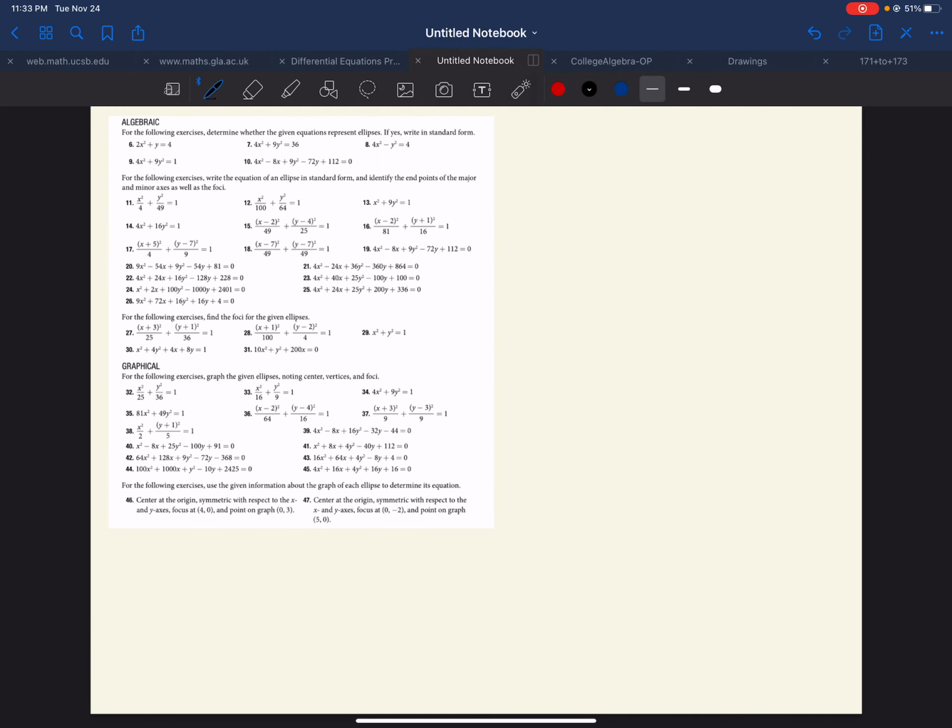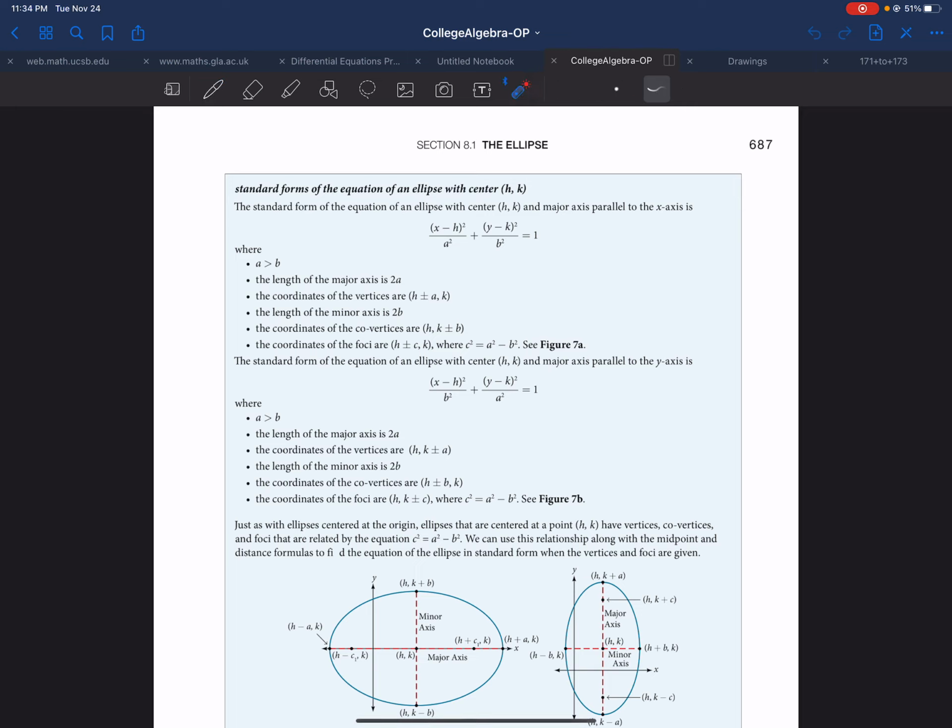So in problem 16, it says x minus 2 squared over 81 plus y plus 1 squared over 16 equals 1. All right, first thing to note here, and this is evidenced in the book, is it's a minus h, and so whatever that is, you put the opposite there.